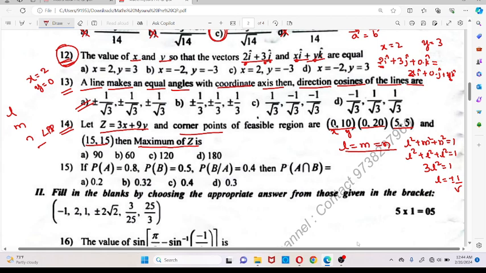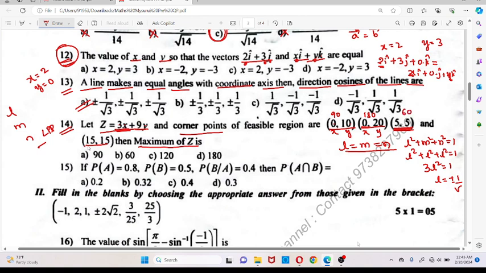Suppose if you put 0, 10 in this objective function, you will get 90. If you put x value 0 and y value 20, 20 into 9 is 180. If you put 5, 5 in this function, 5 into 3 is 15 and 5 into 9 is 45, so 15 plus 45 you will get 60.